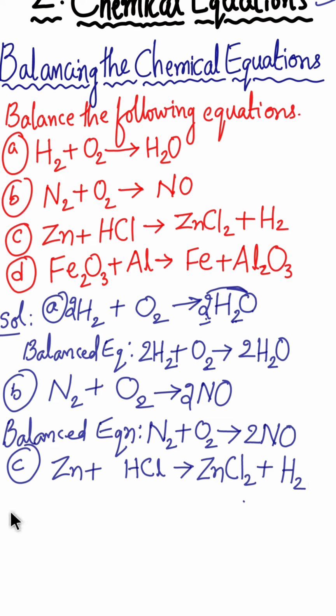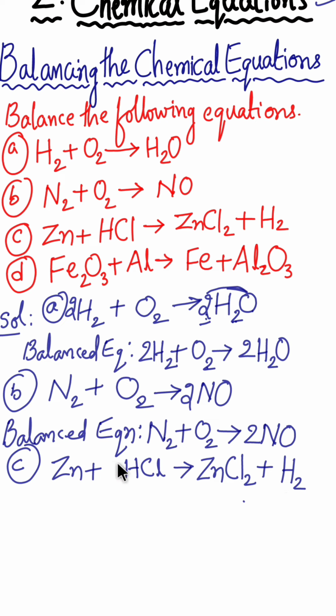Now see here, 1 Zn on the left hand side and 1 Zn on the right hand side. Here 1 H but here 2 H's. Here 1 Cl but here 2 Cls. Zn is balanced, but chlorine and hydrogen need 2.